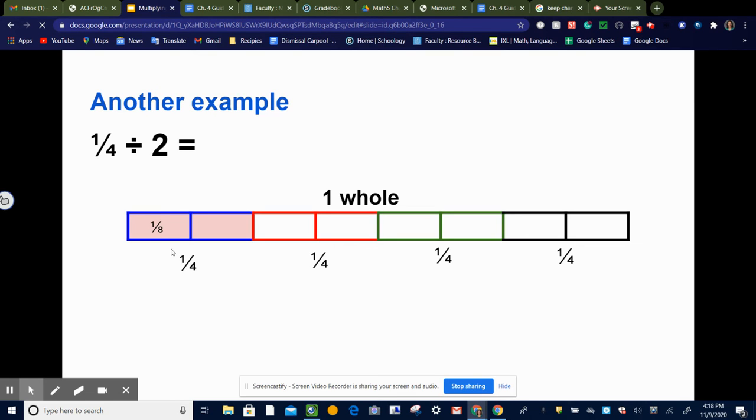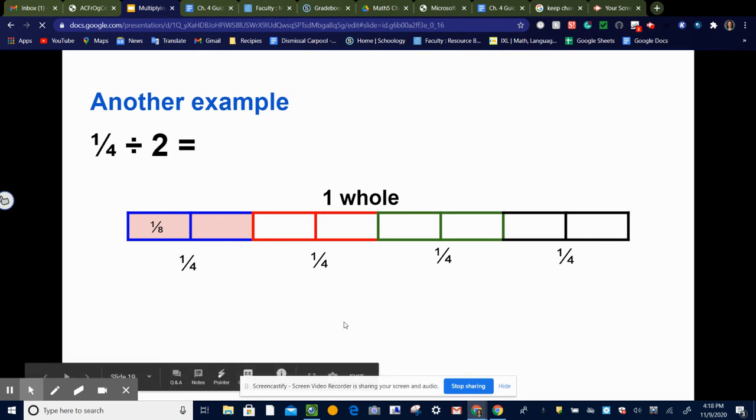And each of these squares is 1/8 of the whole, because there's 1, 2, 3, 4, 5, 6, 7, 8 of these little parts. So one of them is 1/8. So that means that 1/4, which is represented by this shaded area, divided into 2 equal parts, each of those parts is 1/8 of the whole.